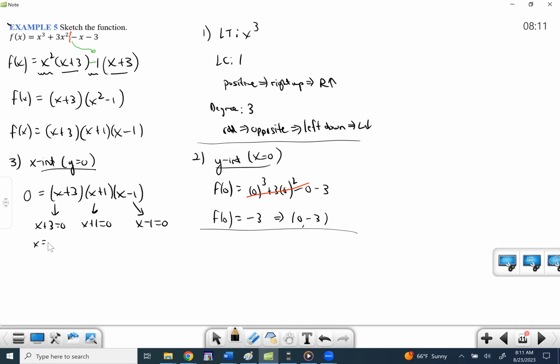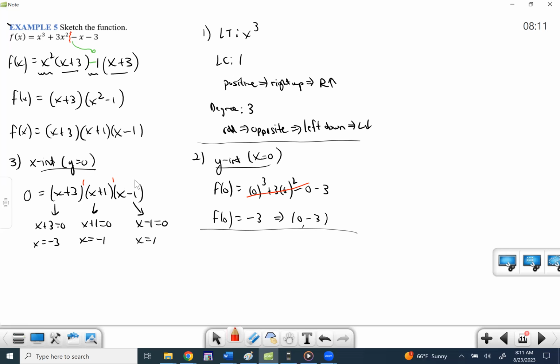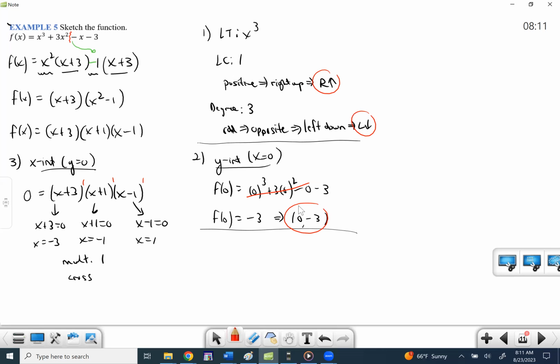Which means we're going to get -3, -1, and 1. Now the exponents for all of these are 1s. So they are all going to be multiplicity 1, which means that they are all going to cross. So let's circle the relevant information that we're going to need to pull from this.